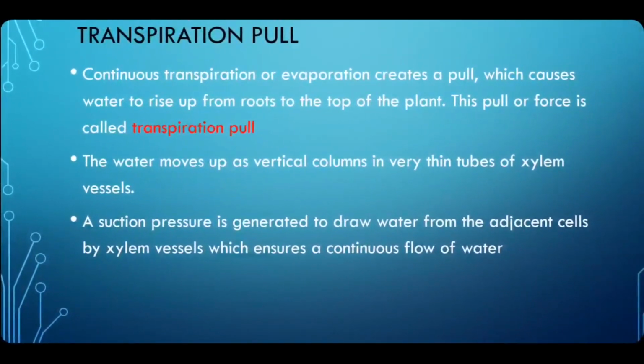So that's why a suction pressure, or an absorbing pressure, is continuously generated, and which makes the water have a vertical, continuous column, and that is called transpiration pull.